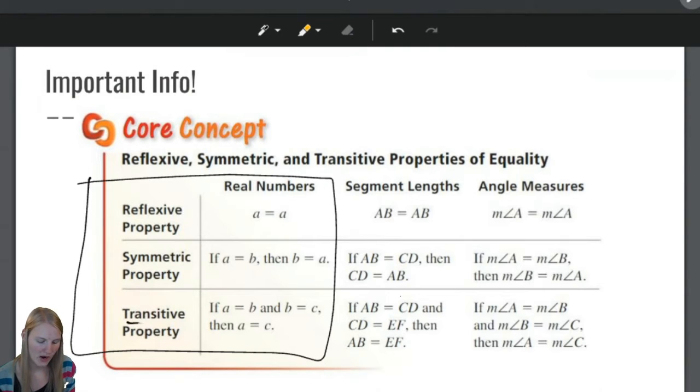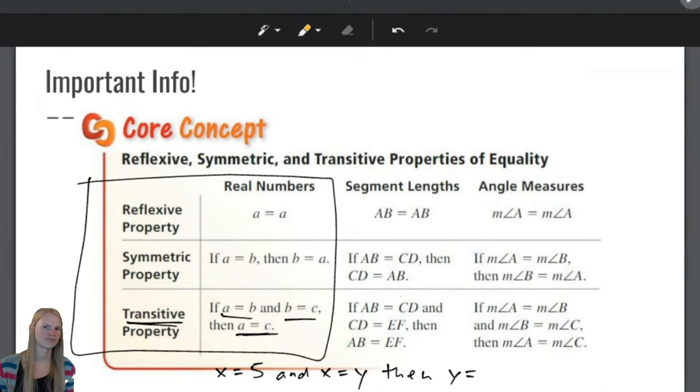Now the transitive property states that if A equals B, B equals C, then A equals C. So this is like if x equals 5 and x equals y, then y equals what?